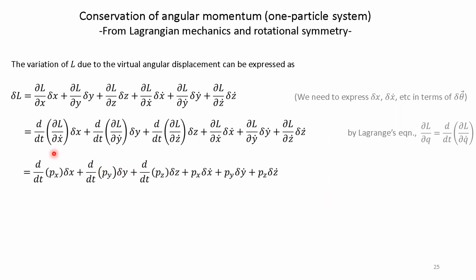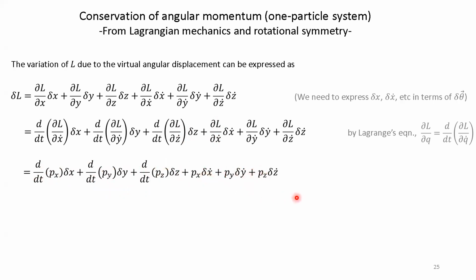And remember, partial L partial x dot is actually the x component of the momentum, and likewise the y component and the z component of the momentum. So this is also px, py, pz. Just changing notation here, nothing else.